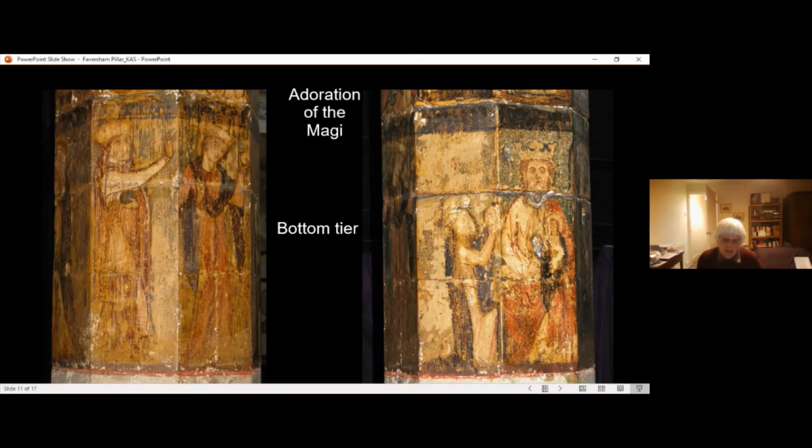Now, this is not the Virgin Mary as in the earthly mother of Christ at the Nativity. As you can see, she's crowned. So we're seeing her as Queen of Heaven. And she's staring out towards the viewer.